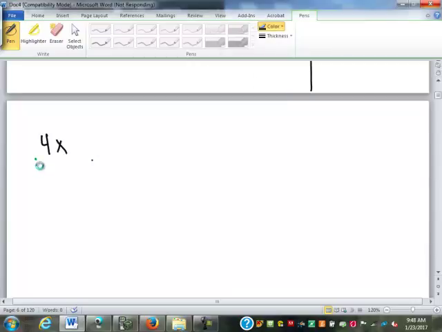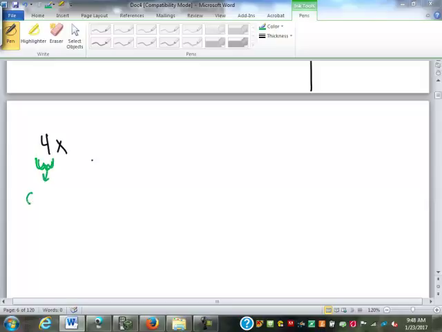It has a count, 4, and it has a name, x. Just like 4 inches or 4 cows. The difference is we know what a cow is or an inch. We don't necessarily know what an x is, but it doesn't matter. We're going to treat it exactly the same way.